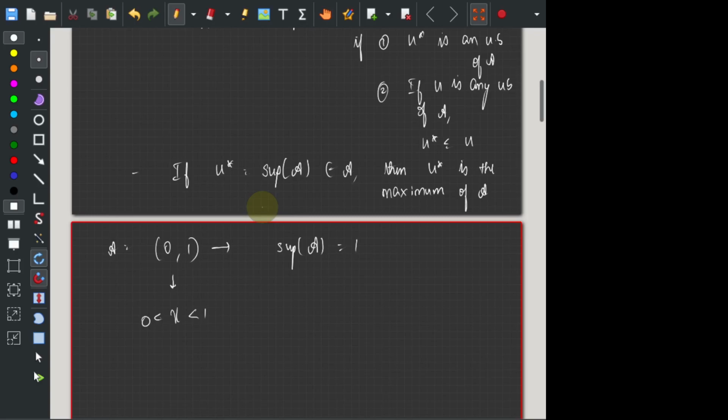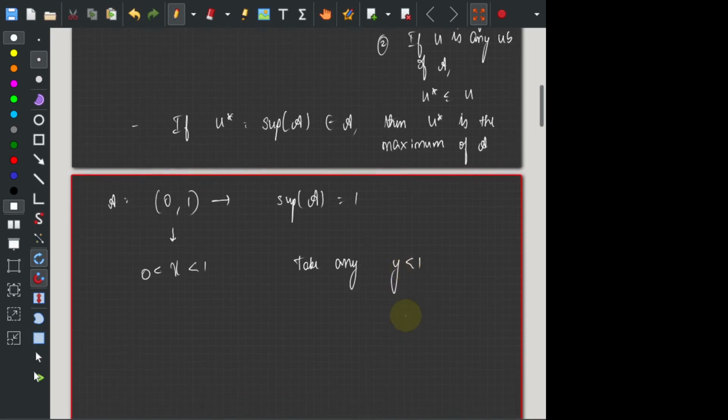You say that there exists a number in A which is greater than that. Okay, very good. So basically you take any y which is strictly less than 1. Then again, by definition, this belongs to the set A. So therefore it cannot be an upper bound for A. So therefore 1 must be the smallest upper bound for A. Sorry?